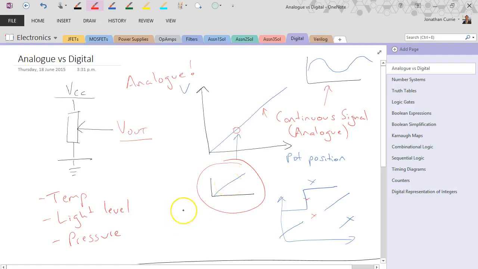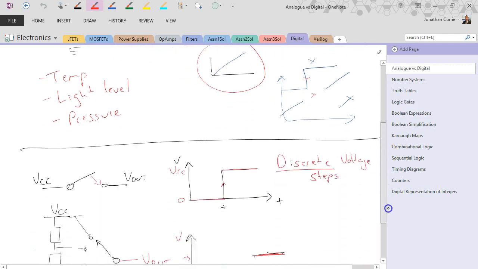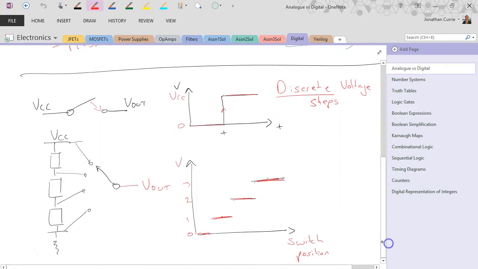Things like temperature, light level, pressure, voltage, current are all continuous quantities, versus digital, which has discrete steps, with words like switching, numbers, binary, all discrete or digital terminology.